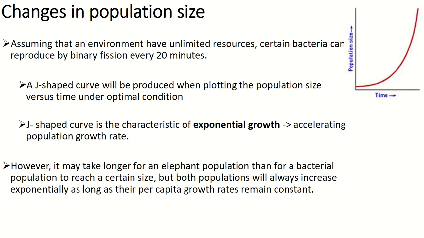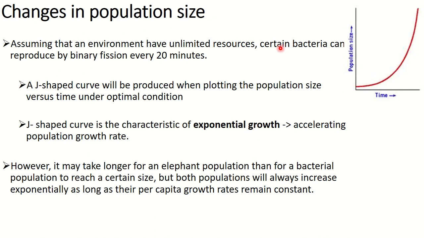Okay, assuming that the environment has unlimited resources, certain bacteria can reproduce by binary fission every 20 minutes. So the graph on the right hand side considers, let me just see if I can get a pointer going here. Yeah, there we go. It considers that the population size will increase over time because you have this exponential increase in population rates.